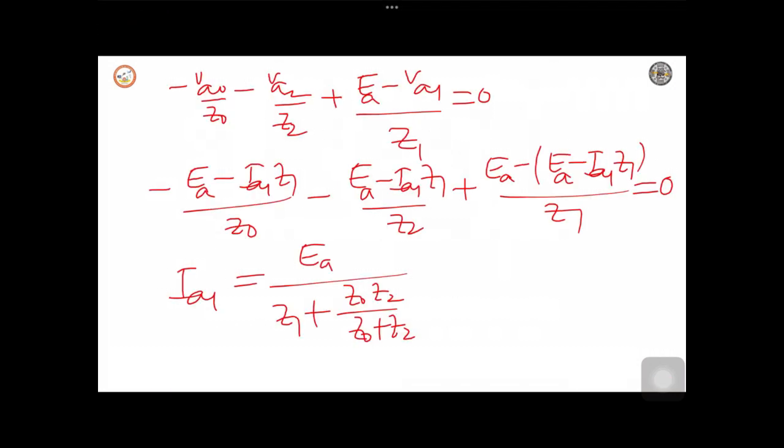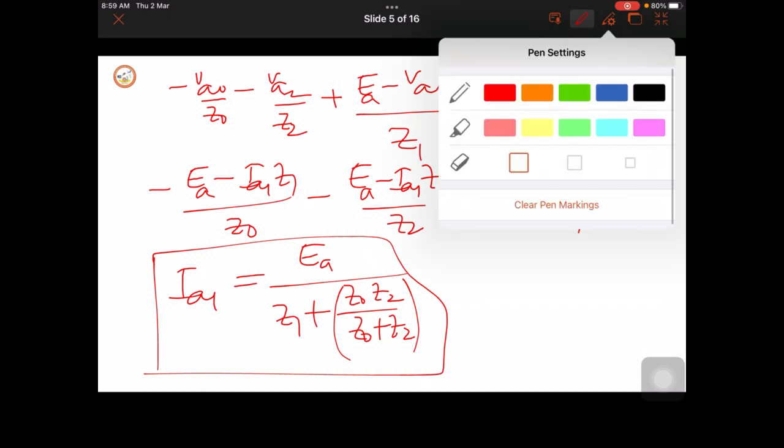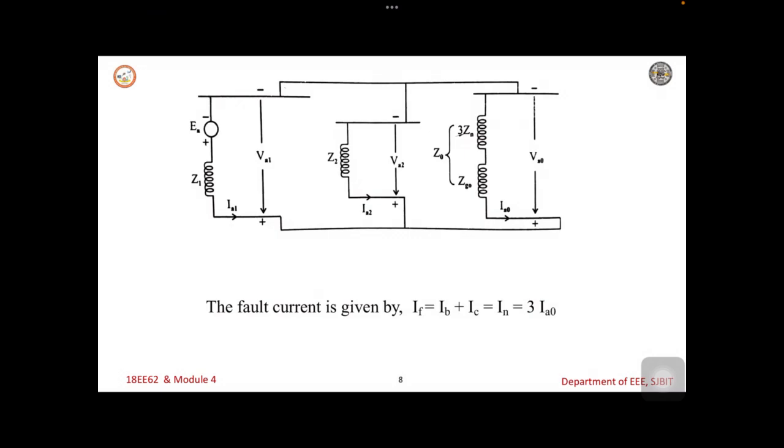In the previous derivation, it is clearly shown that the IA1 value will be EA divided by Z1 plus Z2 Z0 divided by Z0 plus Z2. This we can get from here. Here is IA1.